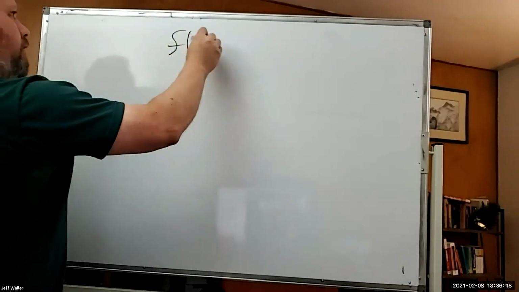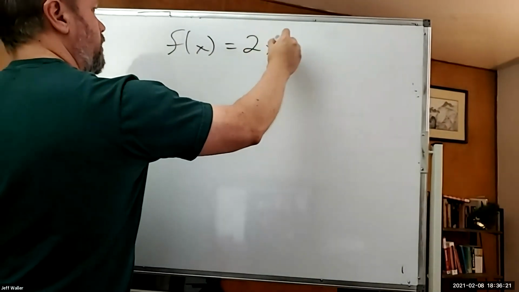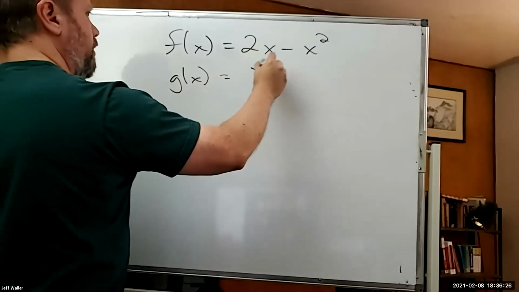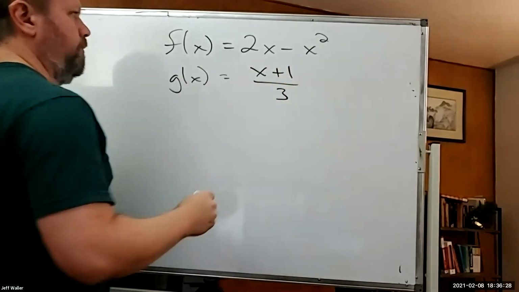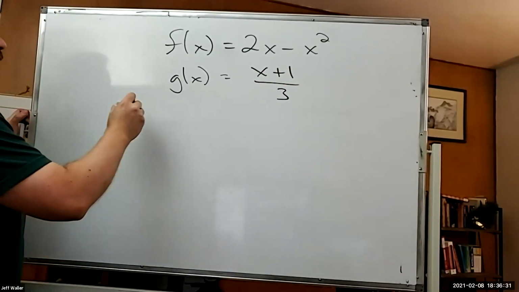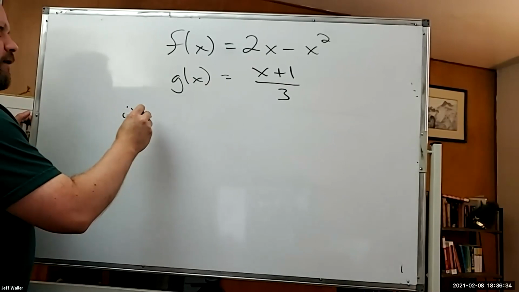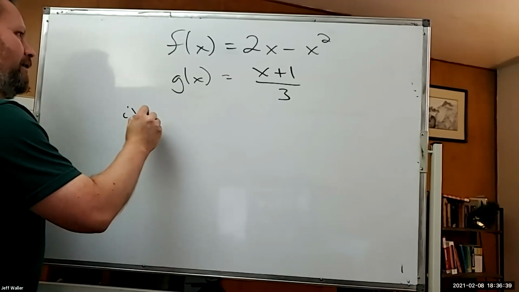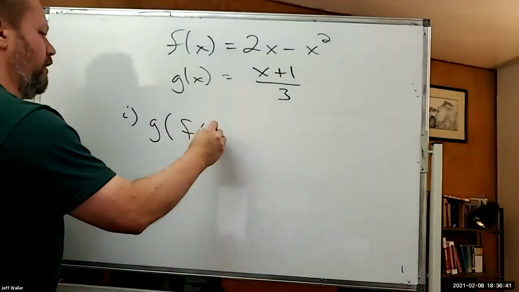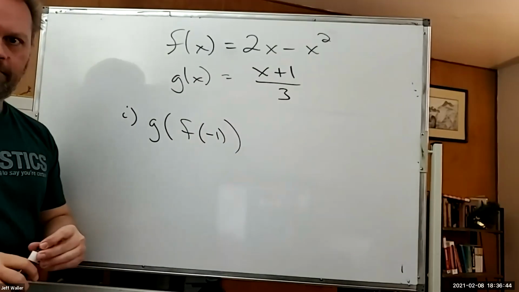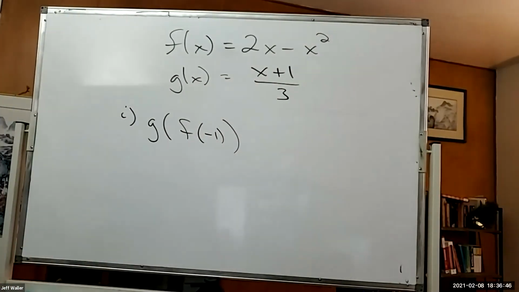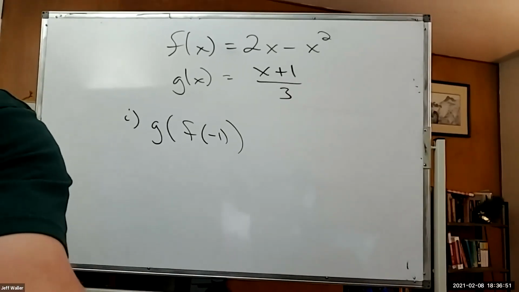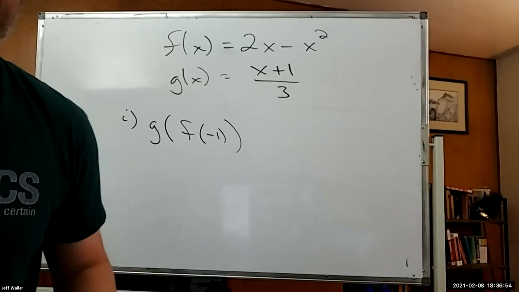If I say f of x is 2x minus x squared, and g of x is x plus 1 over 3, can somebody tell me what is g of f of -1? Algebra has prepared you for this moment.